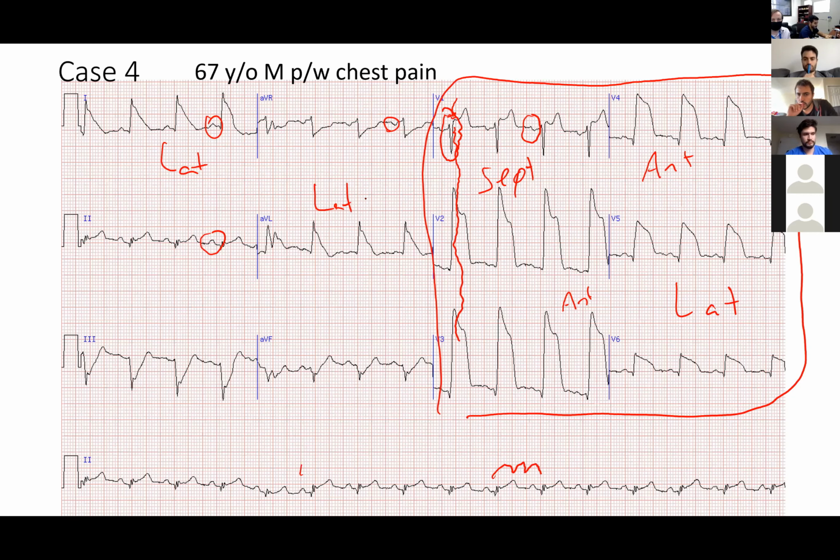Because it's elevated in the anterior. Exactly. When there is ST elevation in a wall, you usually will see reciprocal changes in the wall that is opposite. Because the anterior wall is elevated, you'll see ST depressions in the other ones.